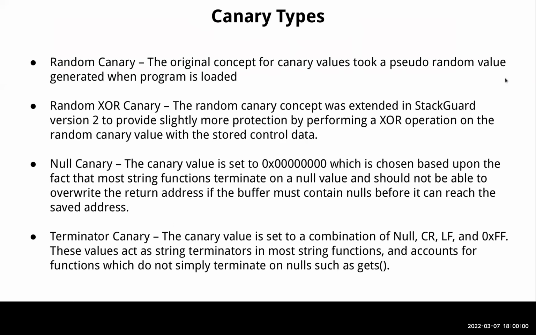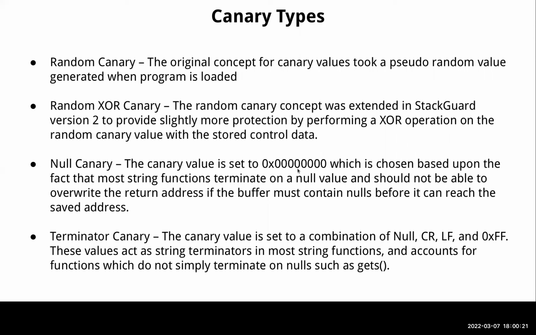So obviously there are many ways to choose that Canary value. You can make it purely random, all 4 bytes, 8 bytes, purely random, or there are other approaches. For example, you just choose all of them as 0.